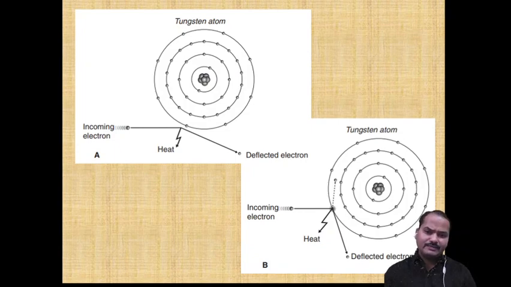The other part is where the incoming electron deflects along with causing the outer shell electron to move out of its shell, which means it transfers more energy to the tungsten atom and heat is produced.